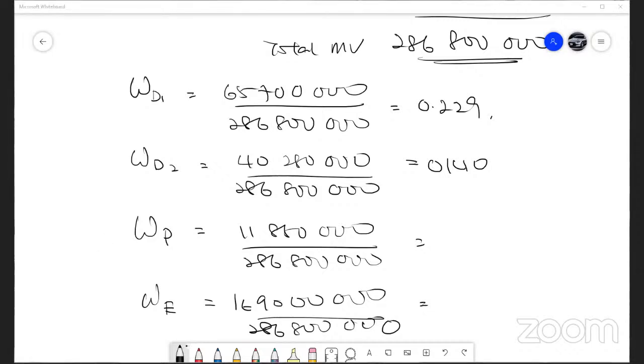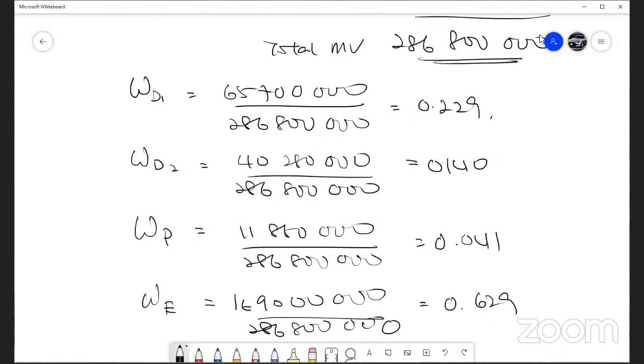The next one is 11,850,000 divided by 286,800,000. Oh, very small, 0.041. And the last one is 169 million divided by 286,800,000, which is 0.629. Okay, so these are the weightage here.